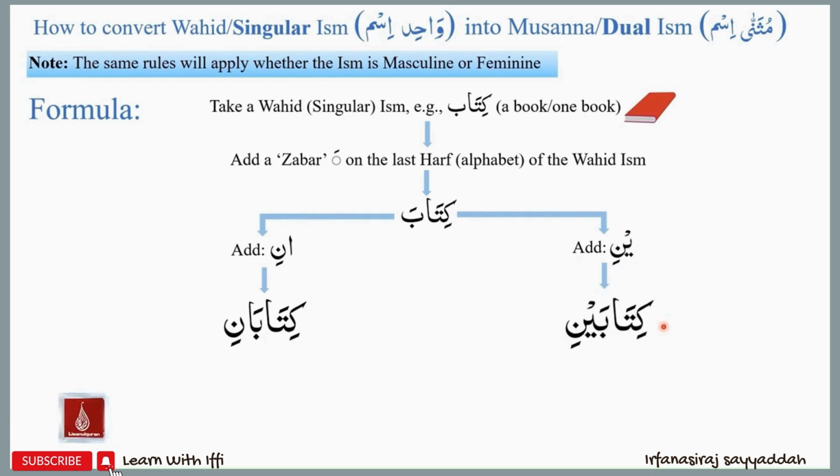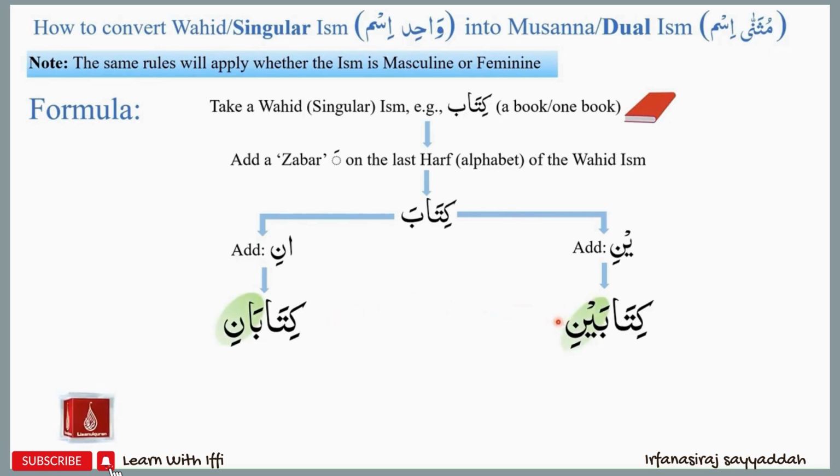So the singular ism is kitab, and the musanna ism is kitabani or kitabaini. It is very important to focus on the way these words sound.